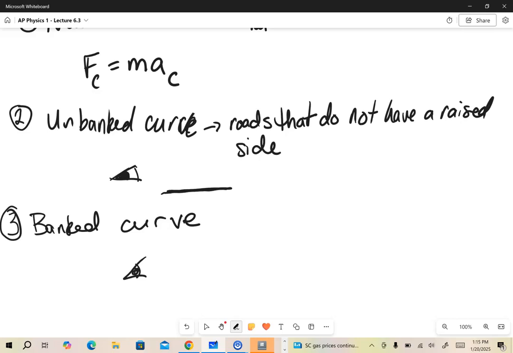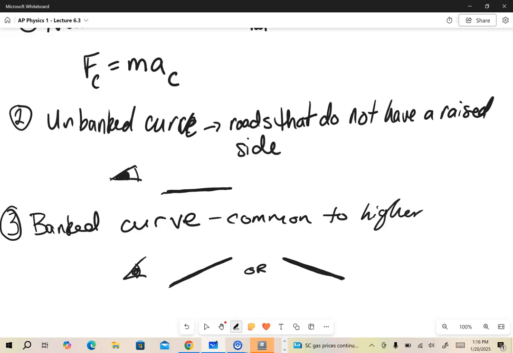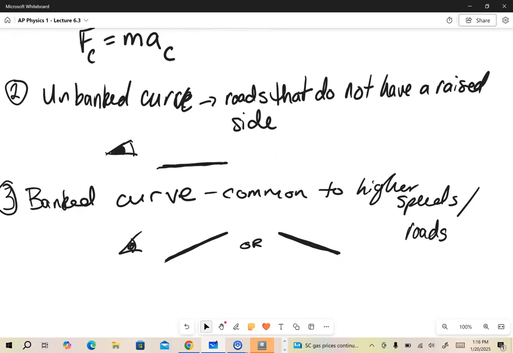By that I mean, if we look straight on, we're going to see that one side or another has been banked, AKA raised. This is really common on highways or places where higher speeds are available. So highways, maybe back roads, things like that.